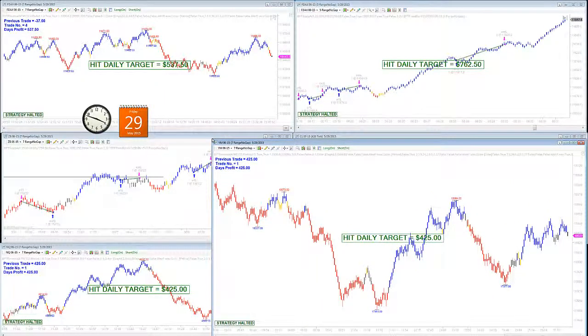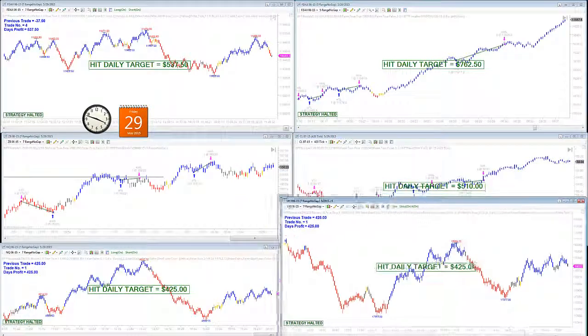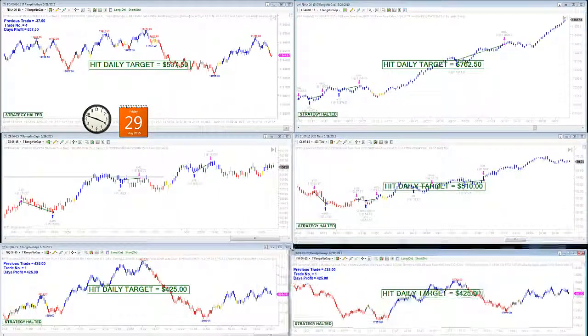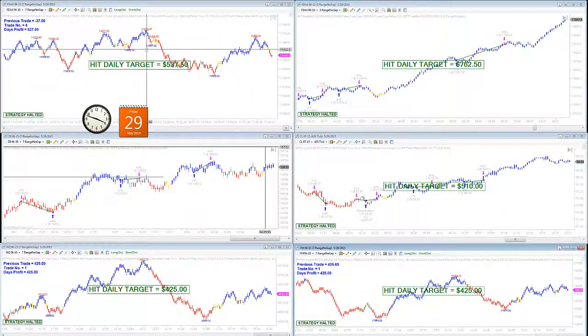It's a very good risk reward, and the amount of money you're investing is nothing compared to, let's say, the DAX or the CL. This is very decent money on a 425, and this is the fun part today.